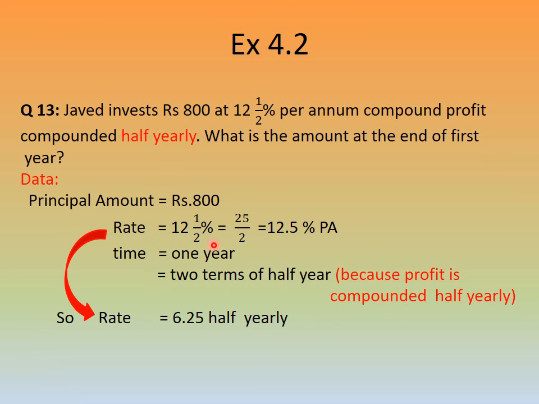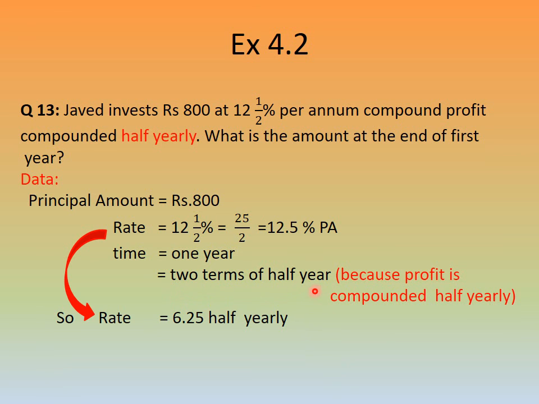Convert this mixed fraction into a simple fraction, and then this simple fraction into a decimal. That would be 12.5% per annum. It means per year the rate is 12.5%. Time is 1 year, but this 1 year would be divided into 2 terms of half year.